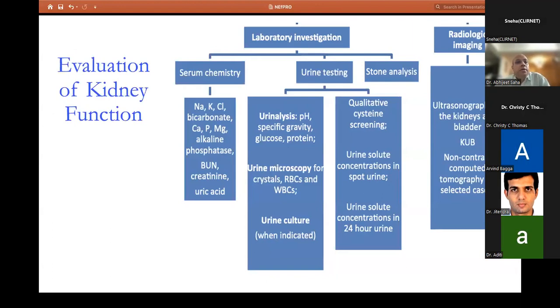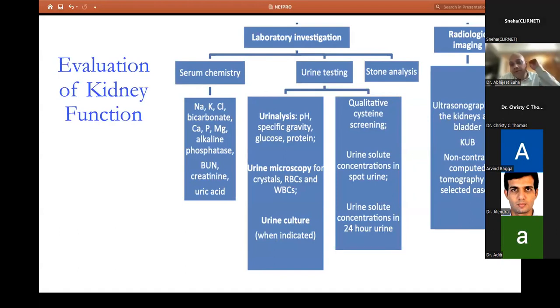So what do you think, whether this child has acute kidney injury or something chronic? What are your thoughts? How will you evaluate the kidney function of a child who has kidney stones or nephrocalcinosis, nephrolithiasis? This child would definitely require, apart from urine examination, which was done after the child was catheterized in the ER, serum biochemistry: sodium, potassium, bicarbonate, calcium, phosphate, alkaline phosphatase, and the status of urea, creatinine, and uric acid.